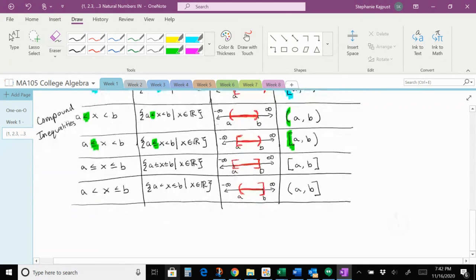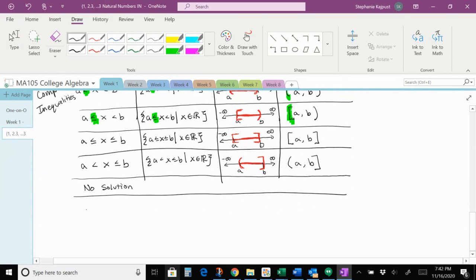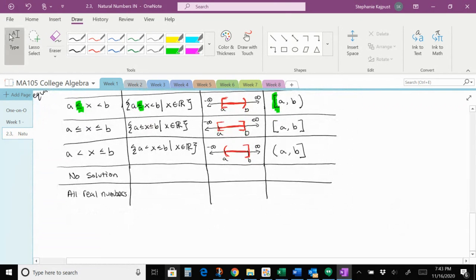And then before I start getting into those intersections, let's just talk about if we have no solution, or if we have infinite solutions, it's all real numbers. So those are special case solutions. For no solution, you can use the no solution symbol, or you can use the empty set.